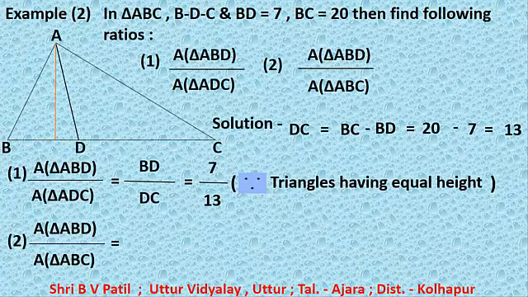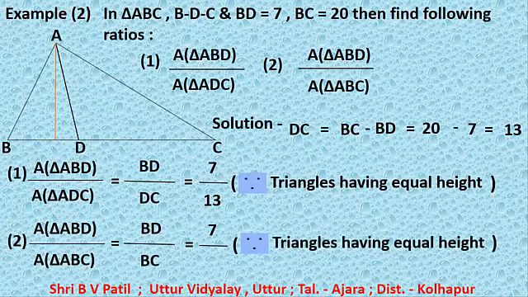The base of triangle ABD, that is BD, divided by the base of triangle ABC, that is BC, is equal to, substitute value of BD is 7 divided by value of BC is 20. Give reason, triangles having equal height. In this way, we solve example number 3.